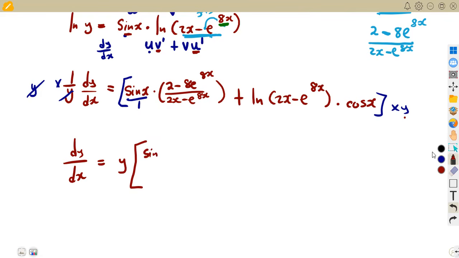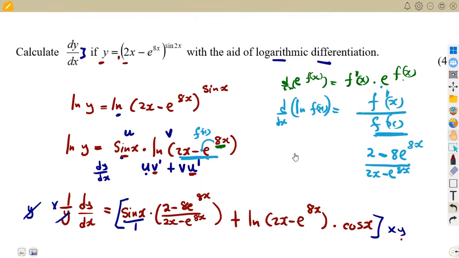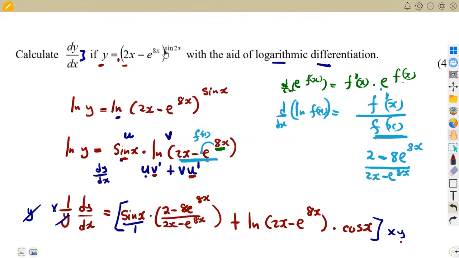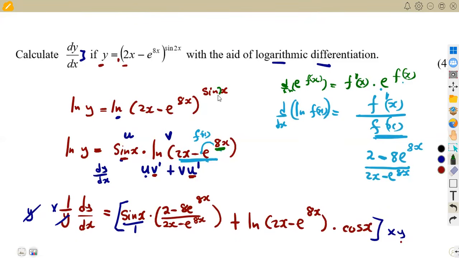All right, I want to check something here. I'm having 2x, 2x there. Sorry for this part. This was sine 2x, so let us just try to correct this one. So this was 2x. I'm wondering what's happening on my answer there. This is also 2x, this is also 2x here.